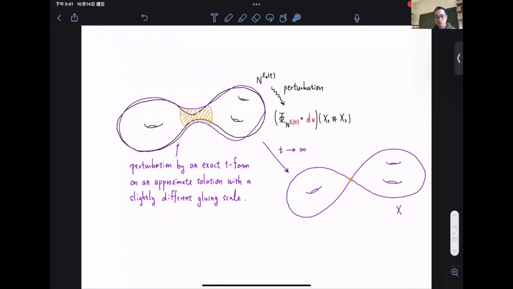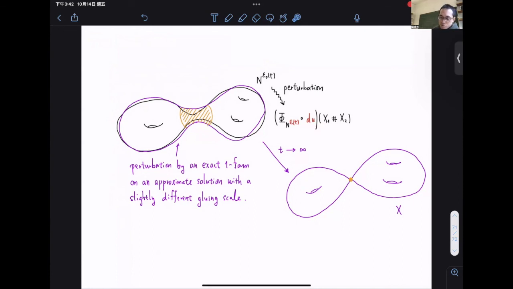Okay. So finally, this is a picture illustrating the geometry happening here. So originally we have this black submanifold obtained by desingularizing X1 union X2 using the Lawlor neck with scale epsilon naught(t), where epsilon naught(t) is a solution to the ODE. Therefore, the balancing condition is satisfied, so we can perturb this submanifold by some exact one form du.